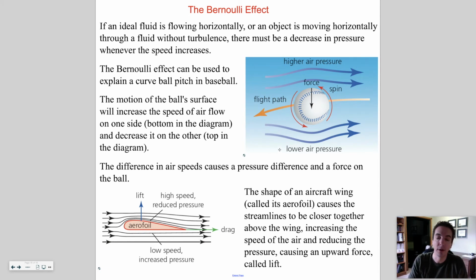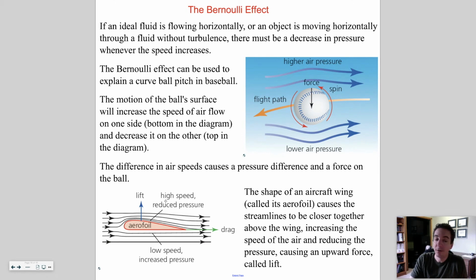Same thing with an aircraft wing, called an aerofoil. So here's the shape of an aircraft wing, and because it's fatter on the top and flatter on the bottom, the streamlines are closer together on the top, further apart on the bottom.